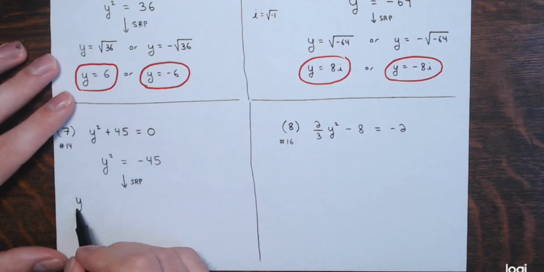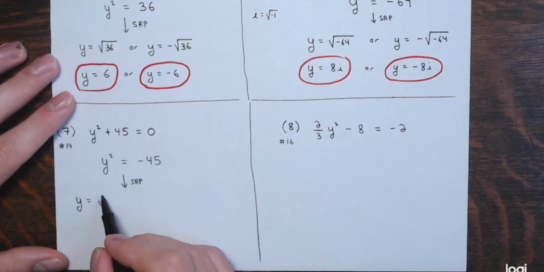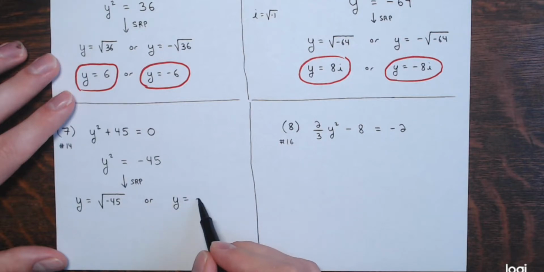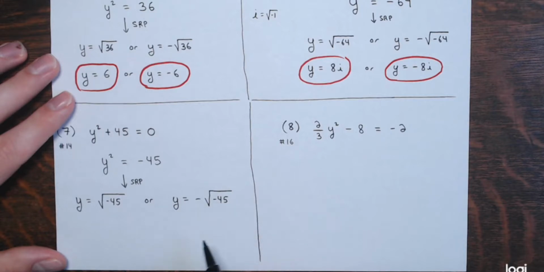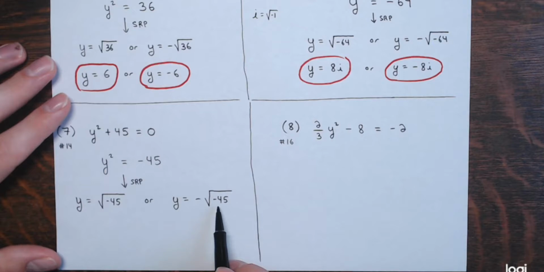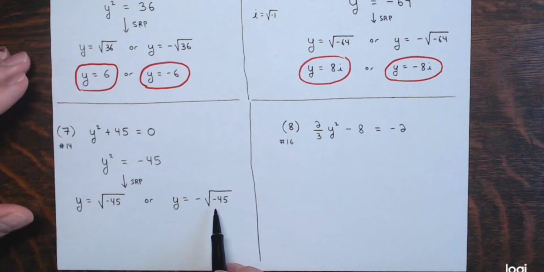So y is either the positive square root of negative 45, or y is the negative square root of negative 45. And I'm again seeing the square root of a negative number, so these will be rewritten as an imaginary number with that i.